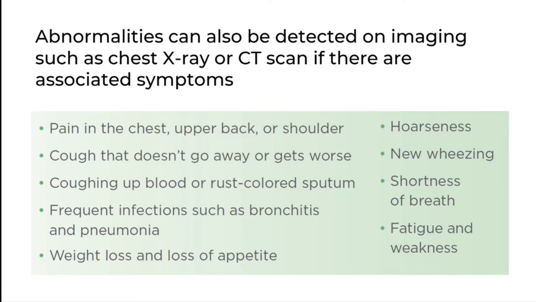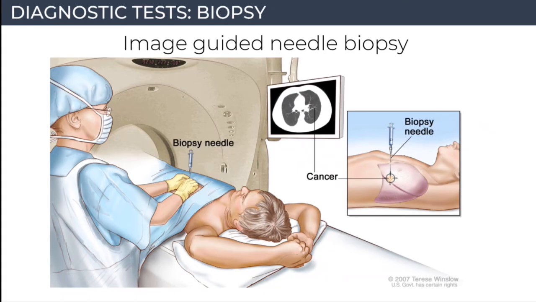So these are all symptoms of lung cancer, but by the time these symptoms start to manifest, sometimes the cancer has already grown and spread to other places, whether it's nearby lymph nodes or other distant areas of the body.